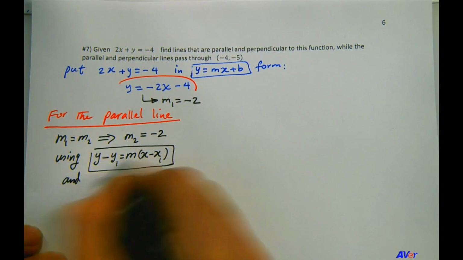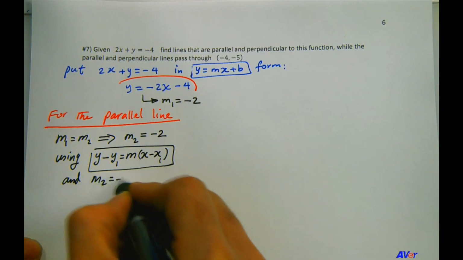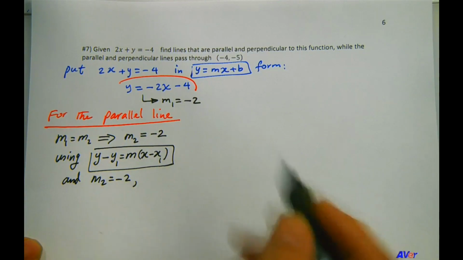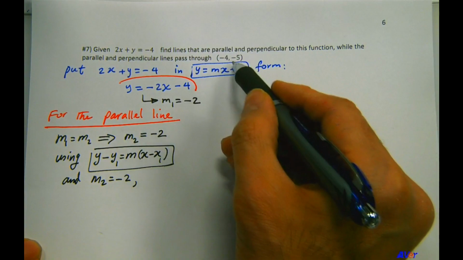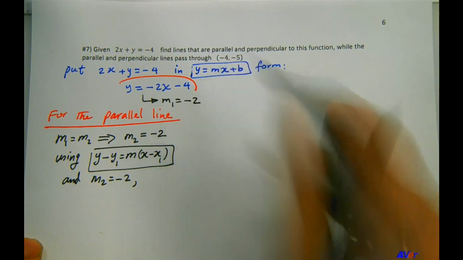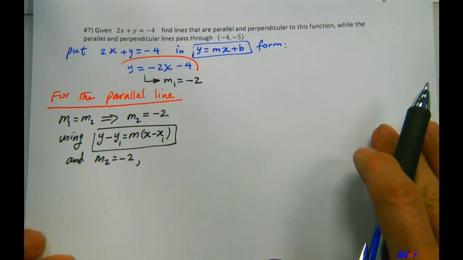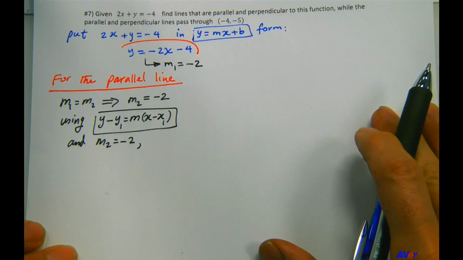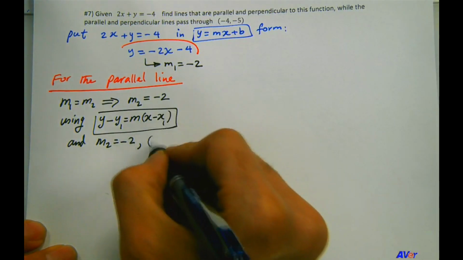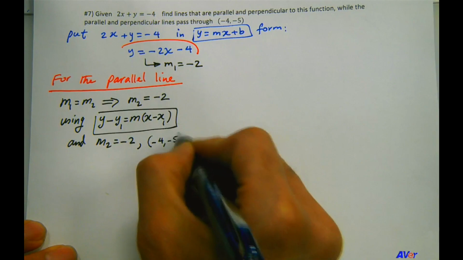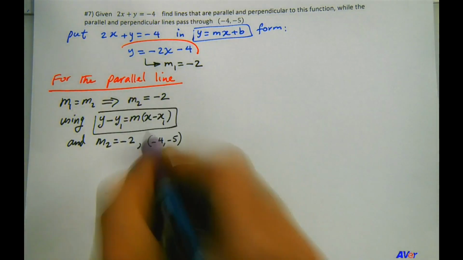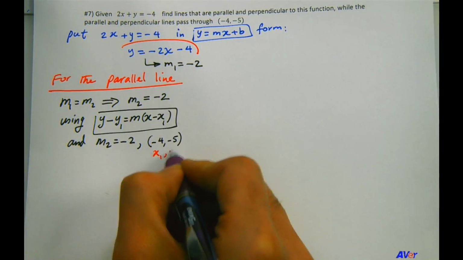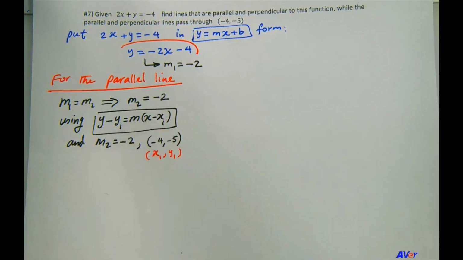and the fact that m2 is equal to negative 2, and the fact that the parallel line must go through that point, right? Minus 4 comma minus 5, and remember that this is x1 comma y1 in that formula, right?